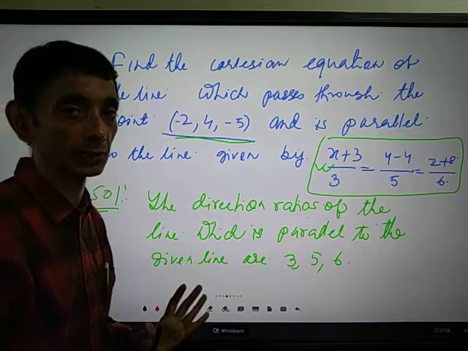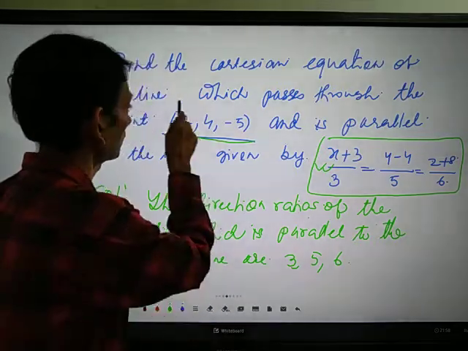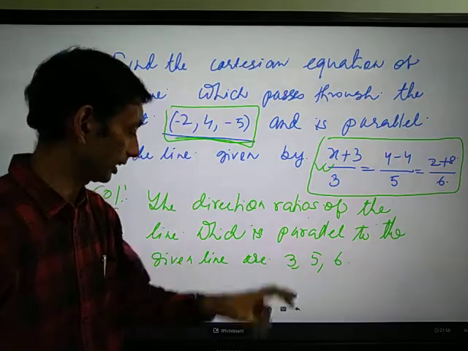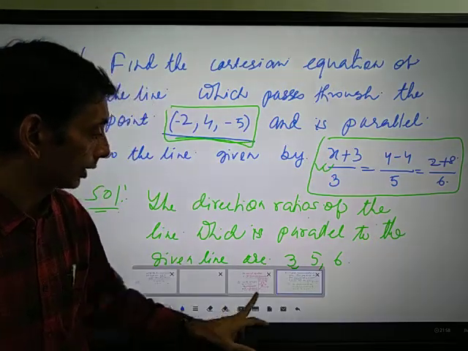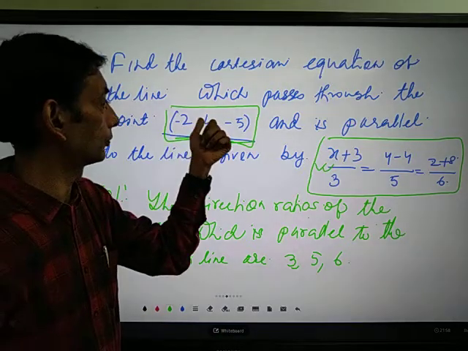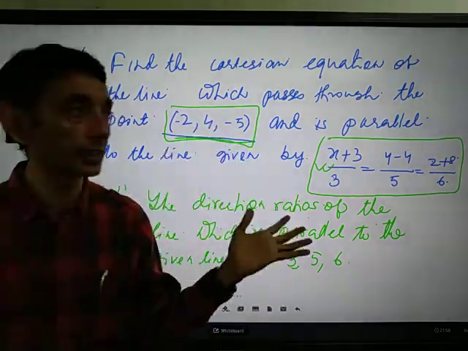Okay, so we got the direction ratio, right? We got the direction ratio and we got the point, that is -2, 4 and -5. Fine. So therefore we can just directly write the answer.